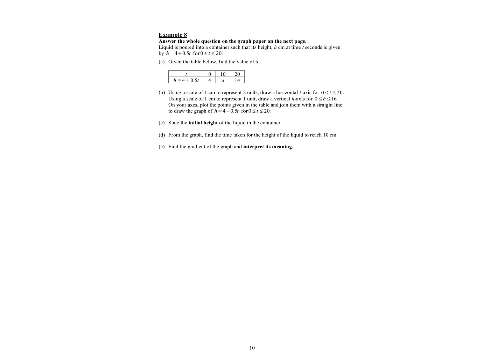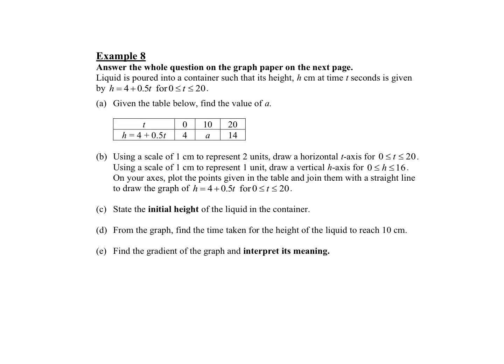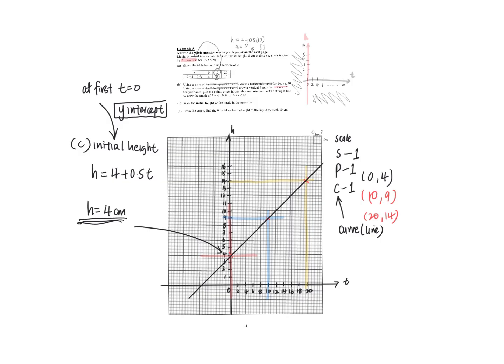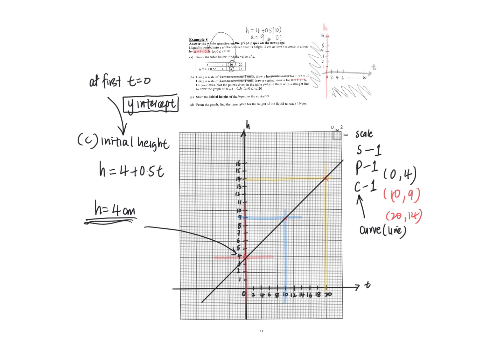Okay? One more. Then last part, part D. They say, can you find the time taken for the height to reach 10 cm? So this is the height. They want it to reach 10 cm, so it's roughly here.